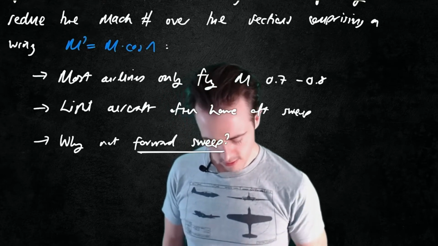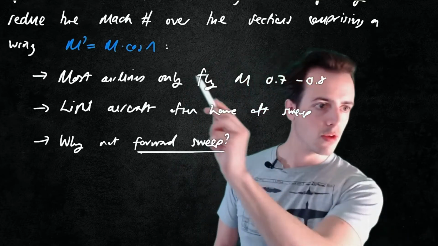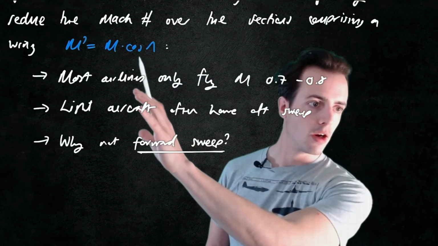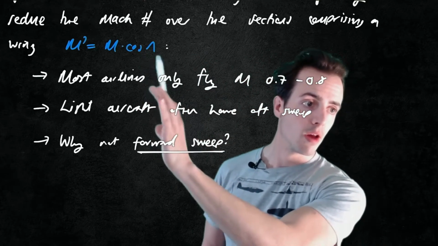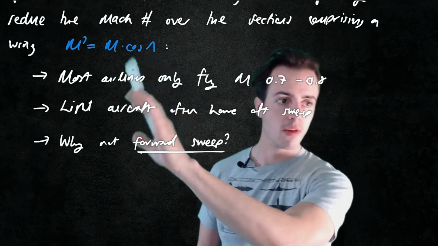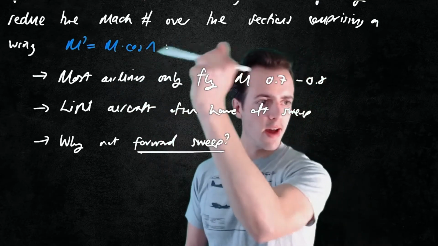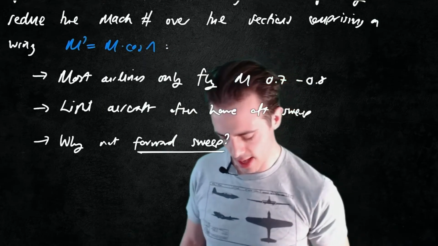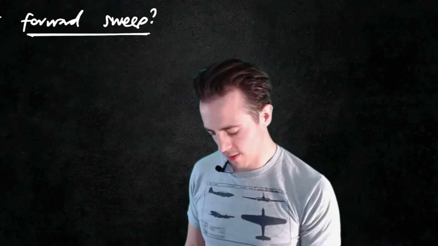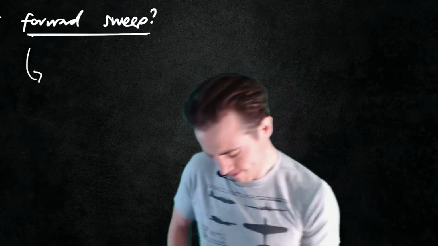Forward sweep would be the same thing because cosine of minus lambda is the same as cosine of lambda. So that wouldn't affect this equation here, and we'd have the exact same thing. And in fact, forward sweep is often preferable aerodynamically.